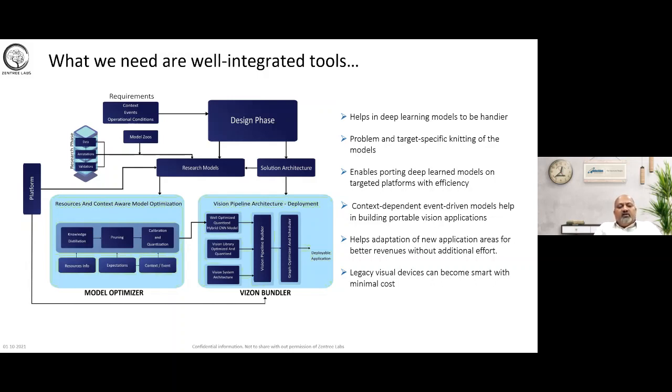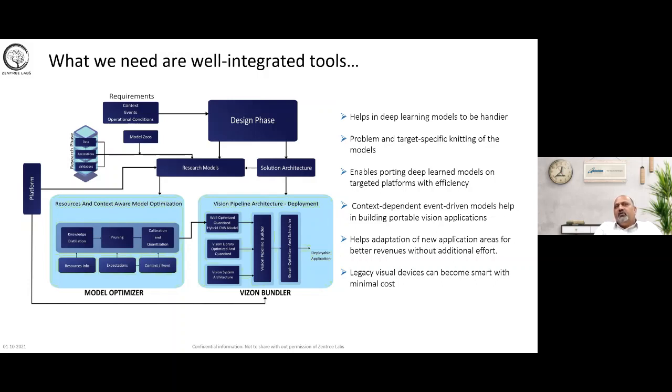The vision bundler is what we named it internally when we have been working on how to automate this pipeline and really put it on the targeted devices. When we wanted to build such things, it should help in handling the models easily.